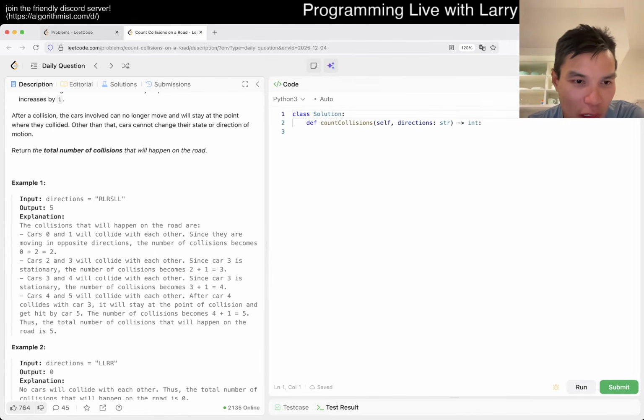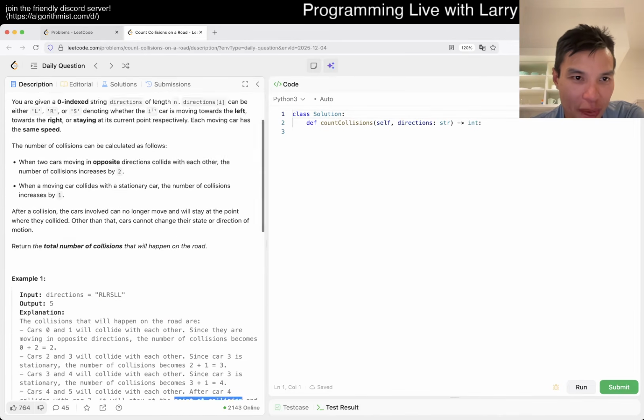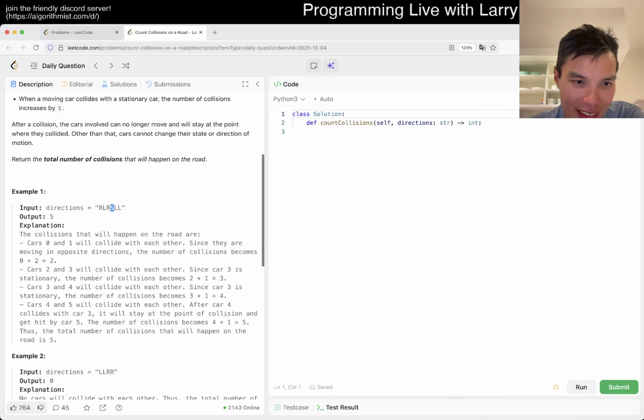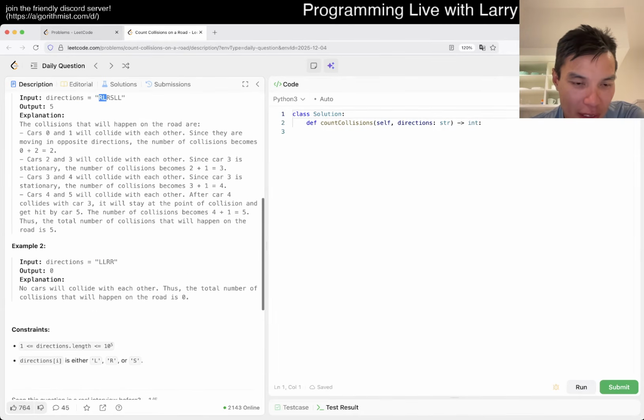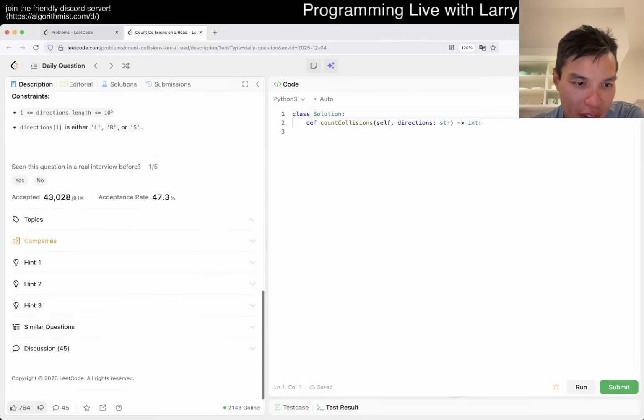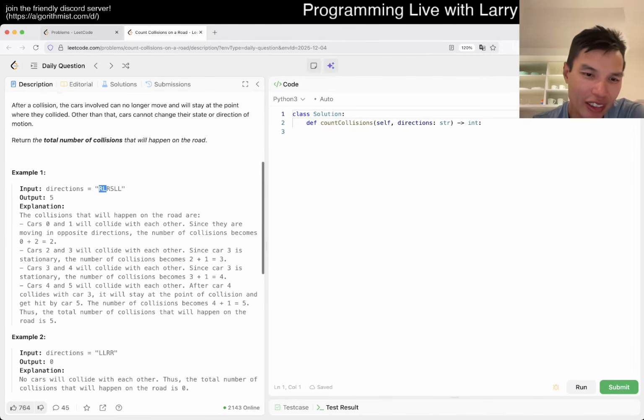But when 0 and 1 collide with each other, where are they? Do they stay at 0 and 1? What is the point of collision? The point of collision is at the S, I guess, in this one. But what's the point of collision of L and R? This is a little bit, I don't know, it's just not very clear.